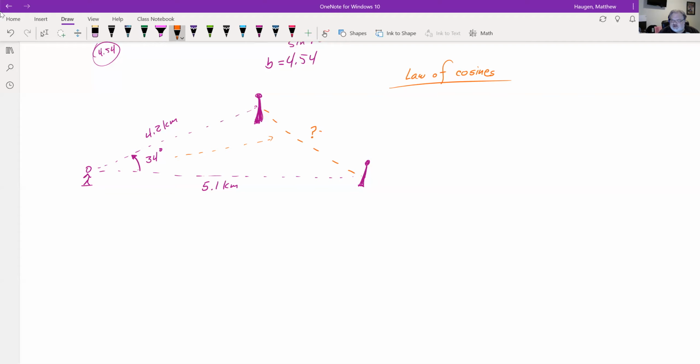And then we can, again, label this side anything we want, call it A. And this is a fairly nice, really straightforward, direct use of our law of cosines.